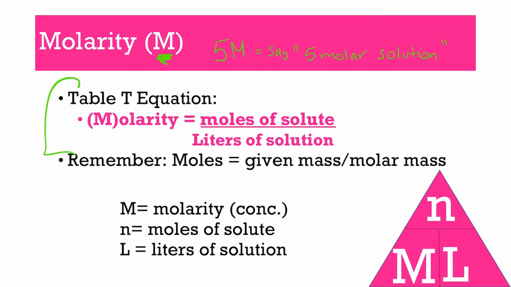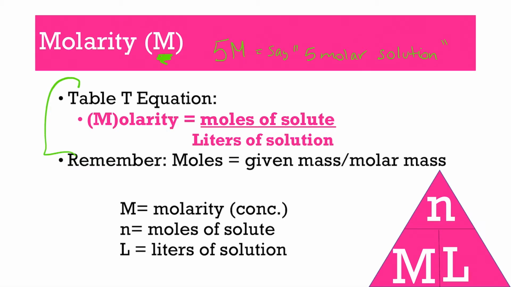So this comes right from table T, that last page in your reference table. And so the formula for molarity is moles of solute over liters of entire solution. So how much stuff is being dissolved in the total volume of the entire solution.